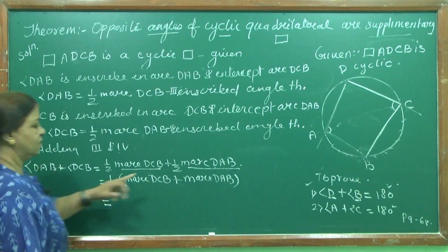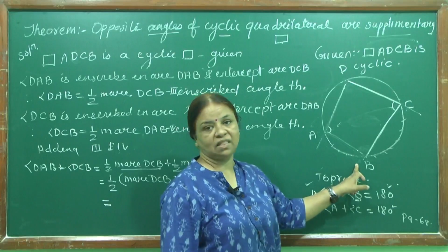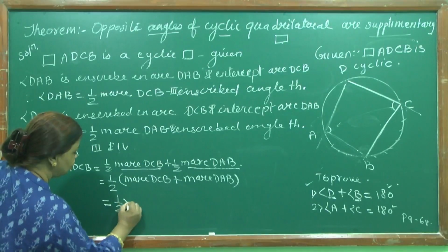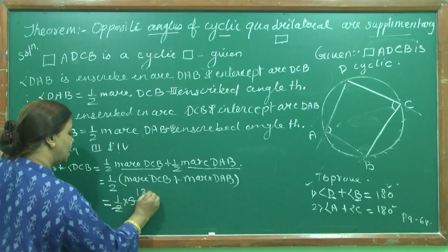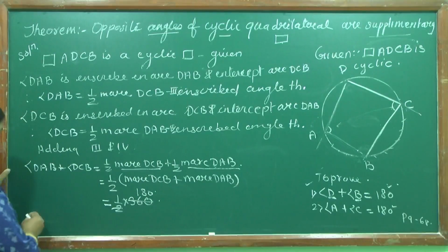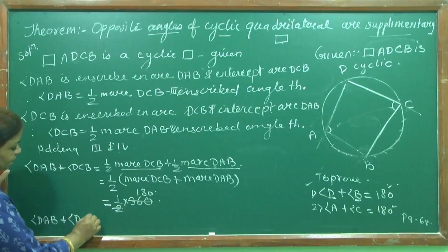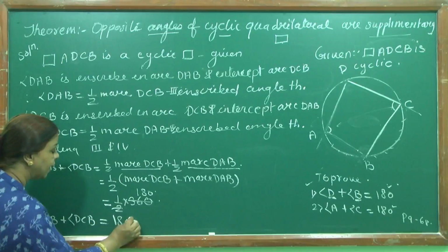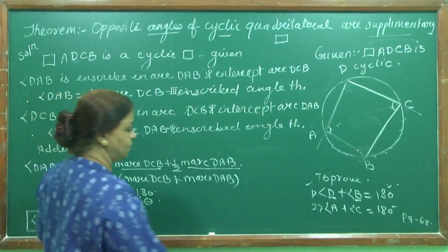Now you see, DCB plus DAB is nothing but a complete circle. So we can write half into 360. 2 ones are 2, 2 eights are 180. So angle DAB plus angle DCB is equal to 180 degree. Hence proved.